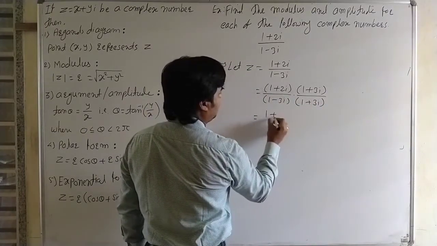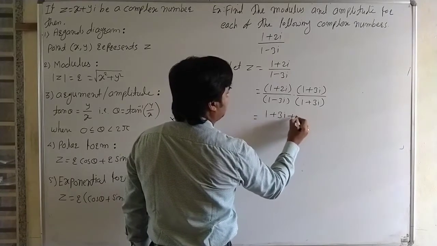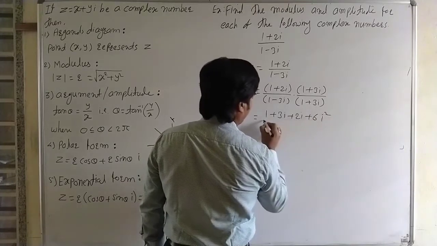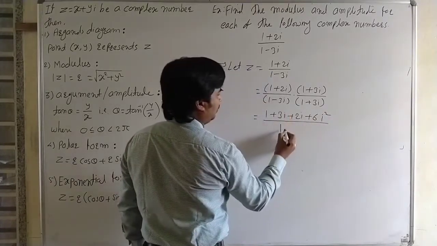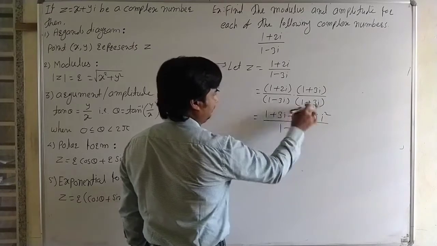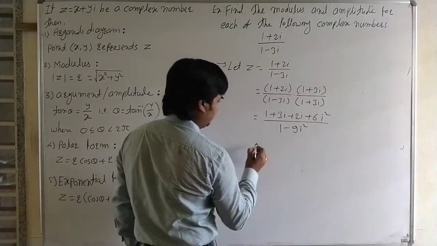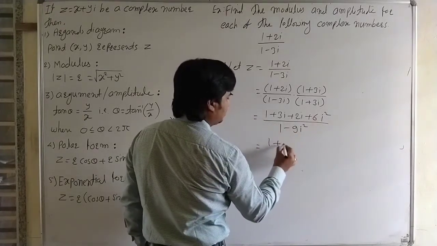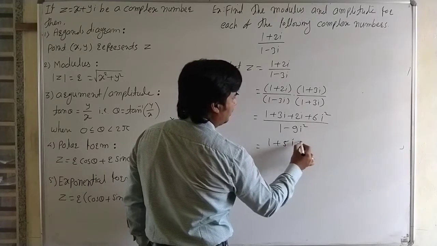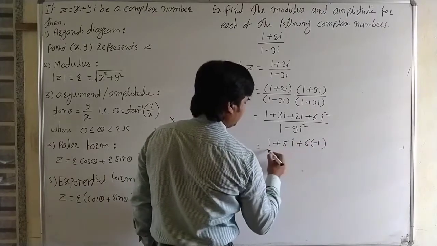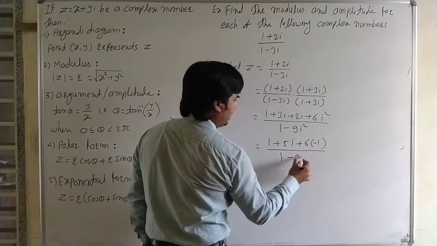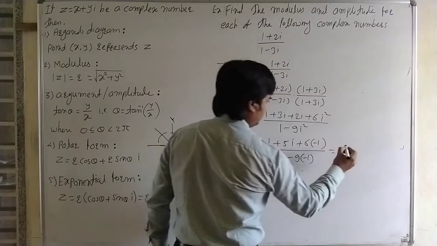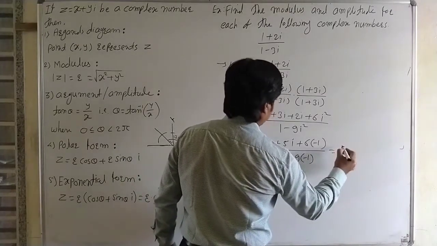Here 1 plus 3i plus 2i and plus 6i square upon 1 minus 9i square. It is 1 plus 5i plus 6 into minus 1 upon 1 minus 9 into minus 1, and therefore it is minus 6 plus 1, which is minus 5.